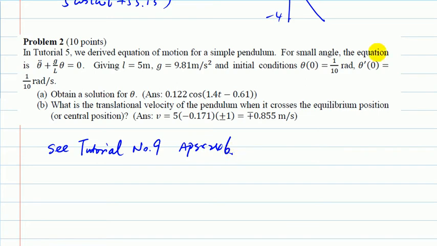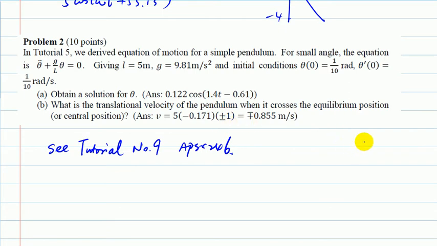In that question, the initial velocity is 0, but in this question my initial velocity is 1/10 radian per second. So take a look at those tutorial notes, posted on WebCT, and you will be able to find the answer there.